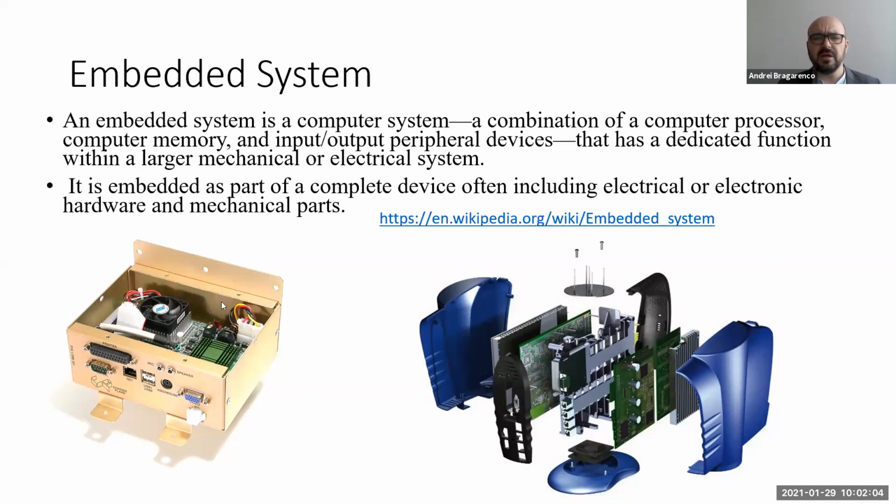And I have here two examples. Let's say we see here an image of an industrial computer. That means the computer that we know is not necessarily looking like our laptop or a desktop PC. Even this box can be a computer.